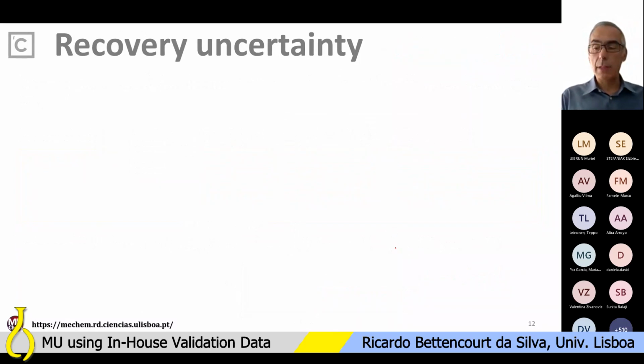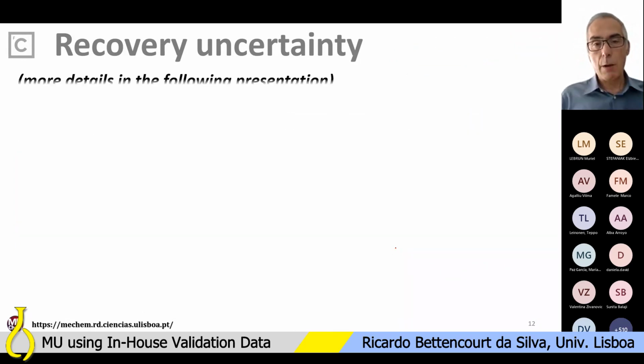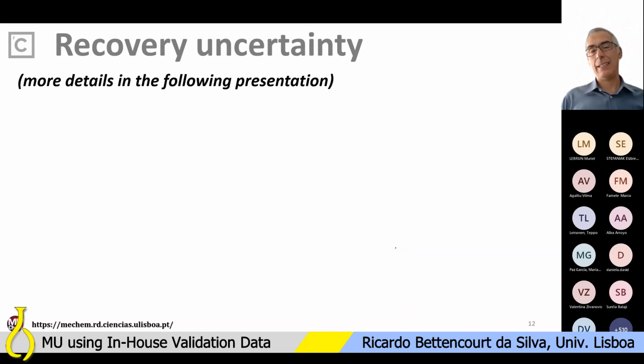Now, we just described how to evaluate the precision uncertainty, and now let's go to the recovery uncertainty. I will present a simple example, and I will present some more details in a second presentation.